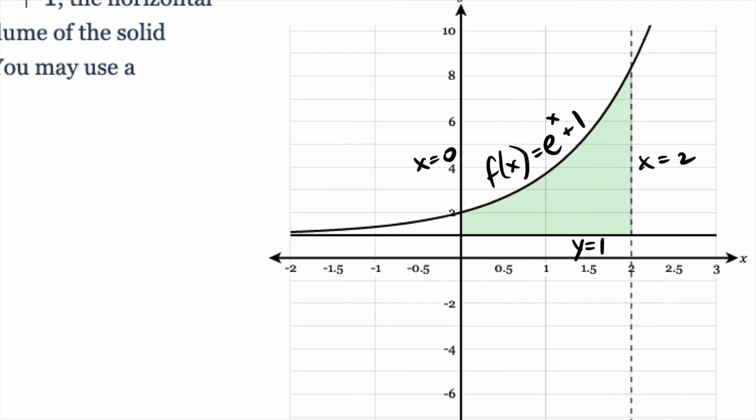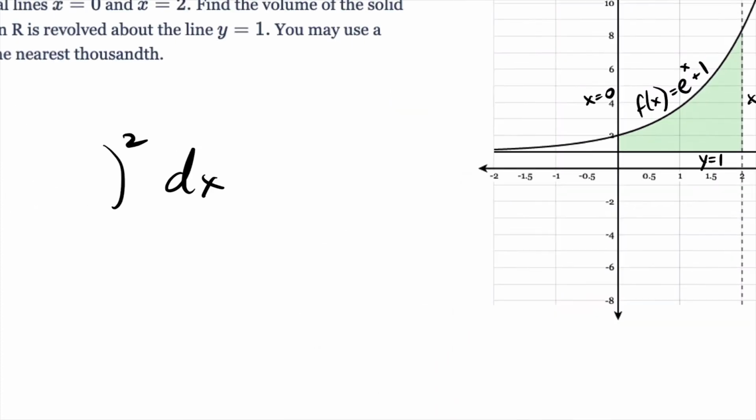The top is going to be the first one. I write, that's the first one, e to the x plus 1. The bottom is going to be the minus part on the other side, right? This one's not minus 0 because it's not y equals 0, it's y equals 1, okay?